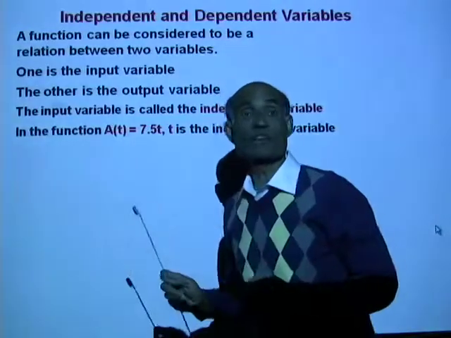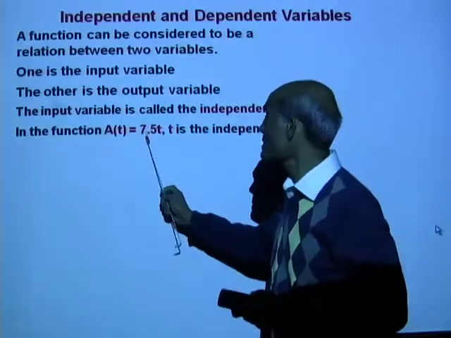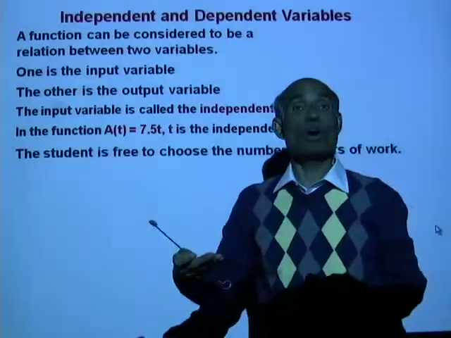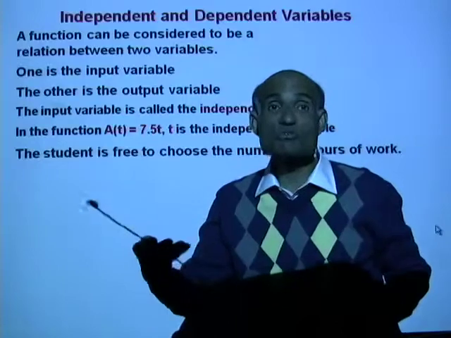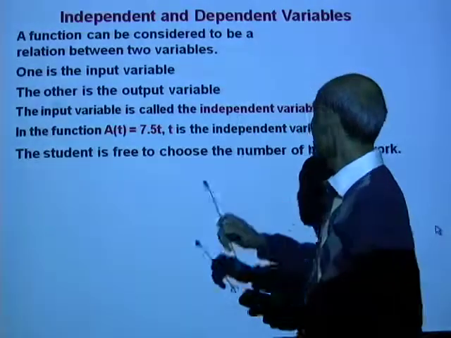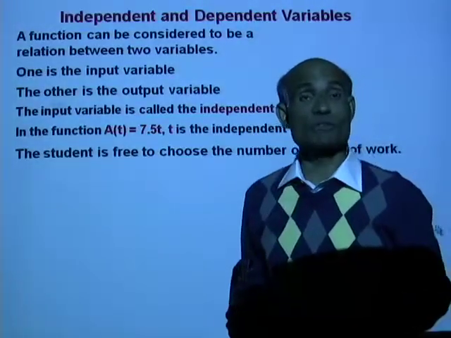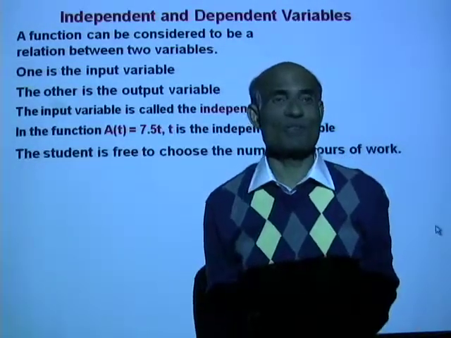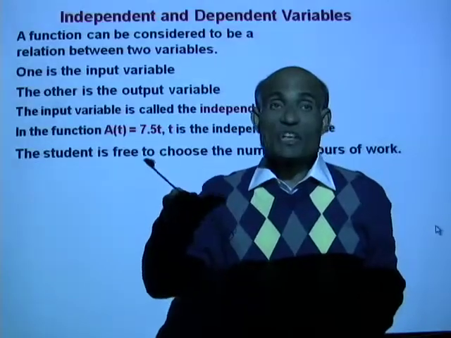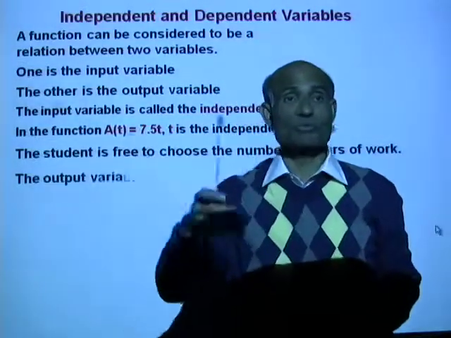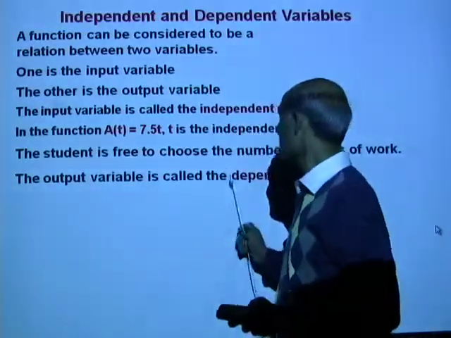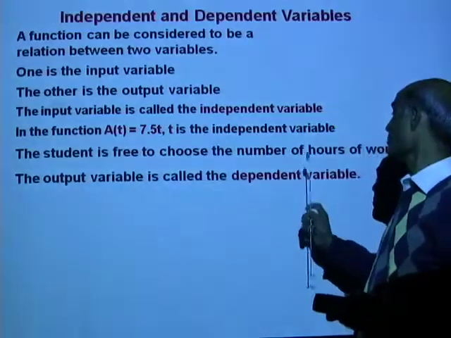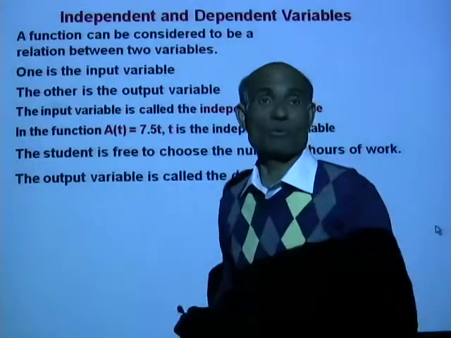So in the function A(t) equals 7.5t, t is the independent variable because the student is free to choose the number of hours he or she wants to work. Is that right? Well, of course, the employer has to agree also on the number of hours. But that is independent. You can actually choose. And the output actually depends on the input. Therefore, the output is called the dependent variable.